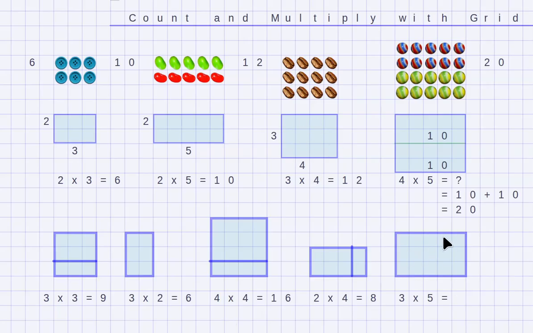The 3 by 4 part is the same as this one here, so we've got 12 there plus another 1, 2, 3. So 12, 13, 14, 15. So the answer to 3 times 5 is 15. Or we could say that it's 10 plus 5. Either way, 15.